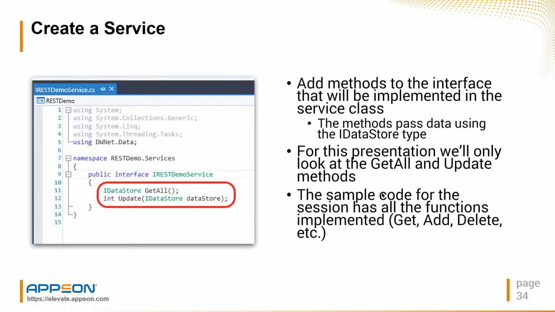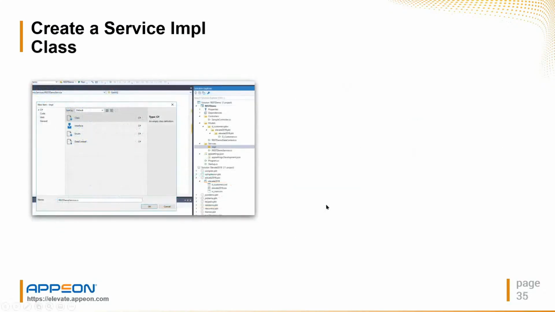Or just from a UI perspective, you may want to have separate add and delete methods, because maybe you want to fire those off as soon as the user does an add or delete. You don't want to wait until they update an entire page. And you might want to have a get method where it retrieves a single row as well. The sample code that's available on the Appeon website for this session has all those functions implemented. I'm just going to show you the getAll and the update.